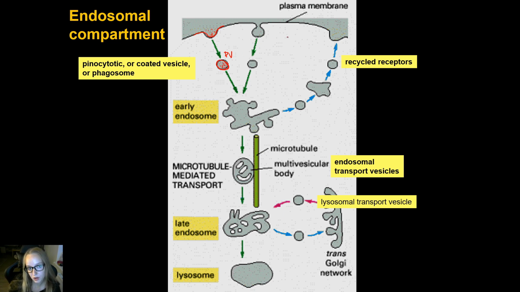And these pinocytic vesicles fuse with vesicles like here, which were also created through the process of invagination of a membrane. These vesicles right here have proton pumps in their membrane.